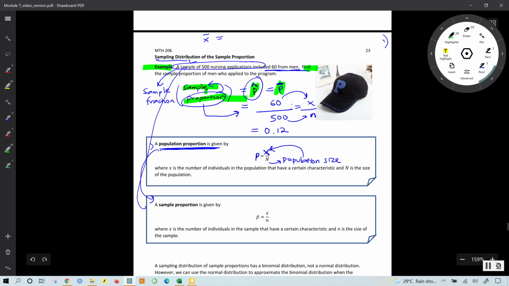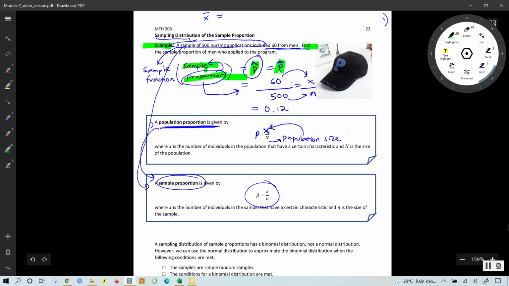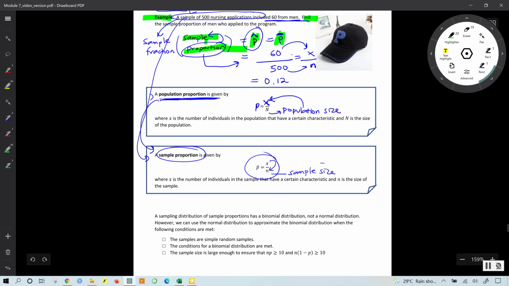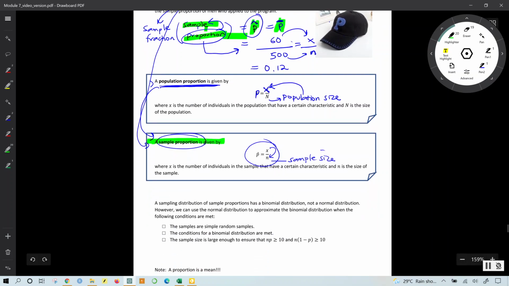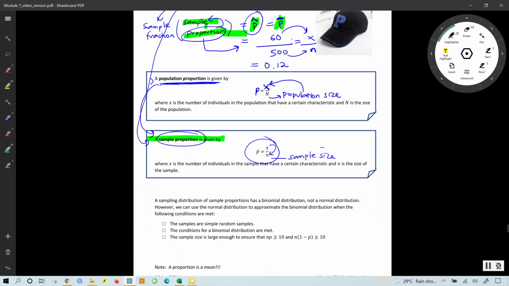That would lead us to a sample proportion, whose formula is given by p hat equals x out of the sample size, or out of the entire count of sample units. So, our interest in this topic will be the sample proportion. Does it have a sampling distribution? The answer to that question is yes.